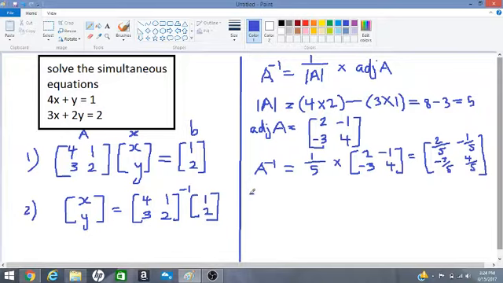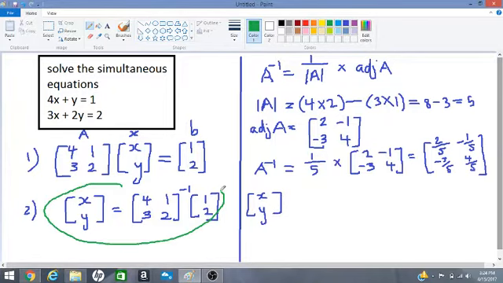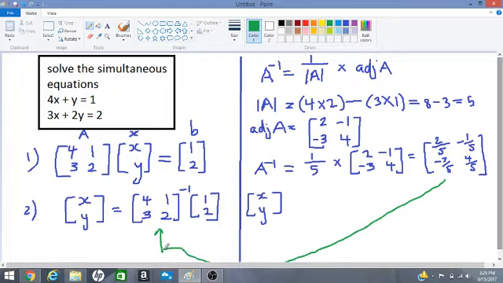Let's get our answer now. We want to find x, y. We are coming back to this equation here now. We are substituting here. This value must come here.